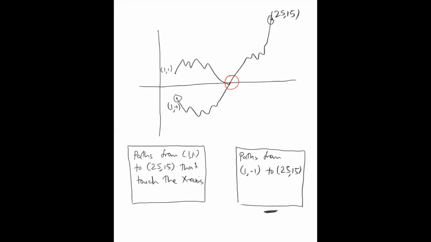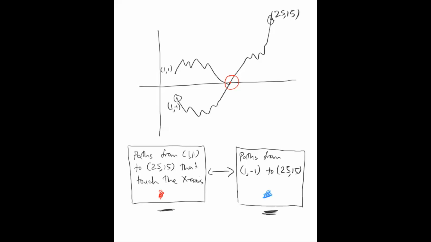All right, and using this reflection thing, reflecting across the x-axis, what we have managed to do is pair off the things from this box and this box. We have paired them off in such a way that, let's give colors here again, this is the red box and this is the blue box, right?